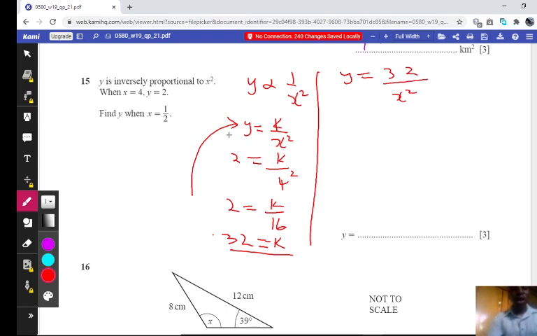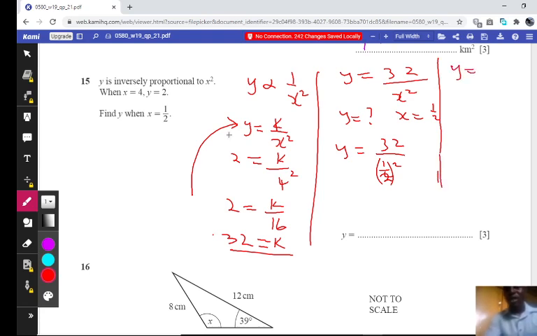Now, when x equals half, what is y? It will be y equals 32 over half squared, which equals y equals 32 over, you share the power down here. 1 squared is 1 and 2 squared is 4.